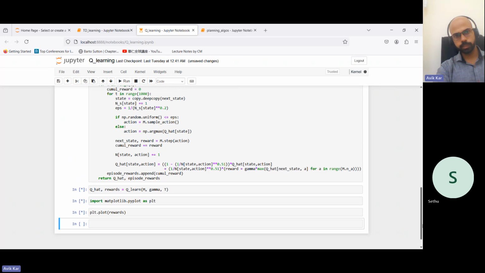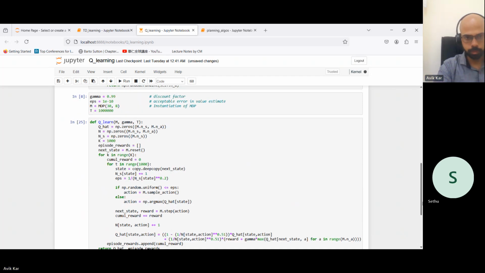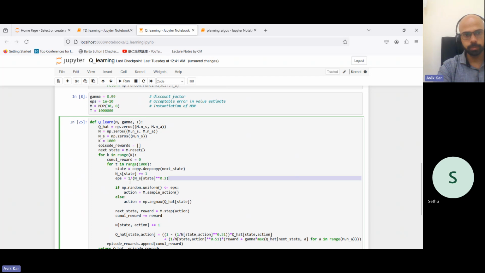By decreasing this power in the epsilon expression, we ensure that epsilon decays slowly, so it will take more exploratory actions.